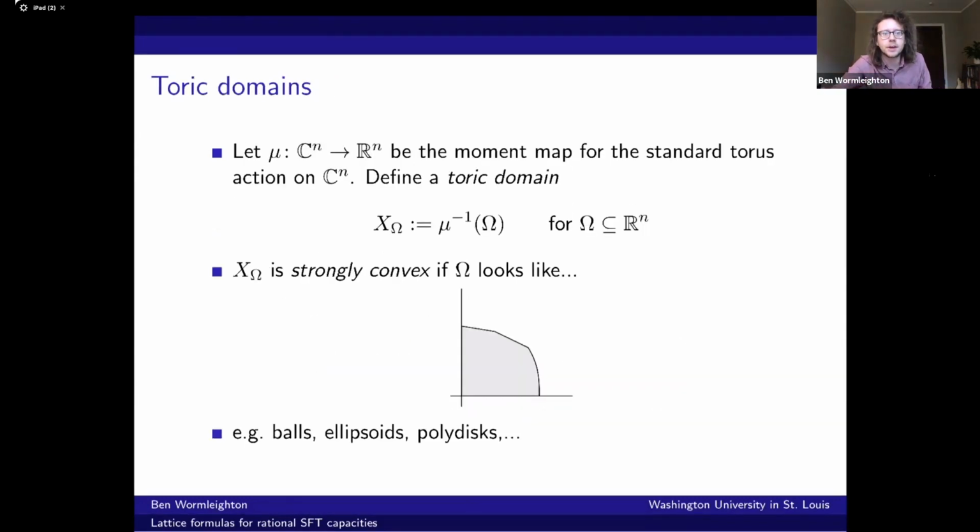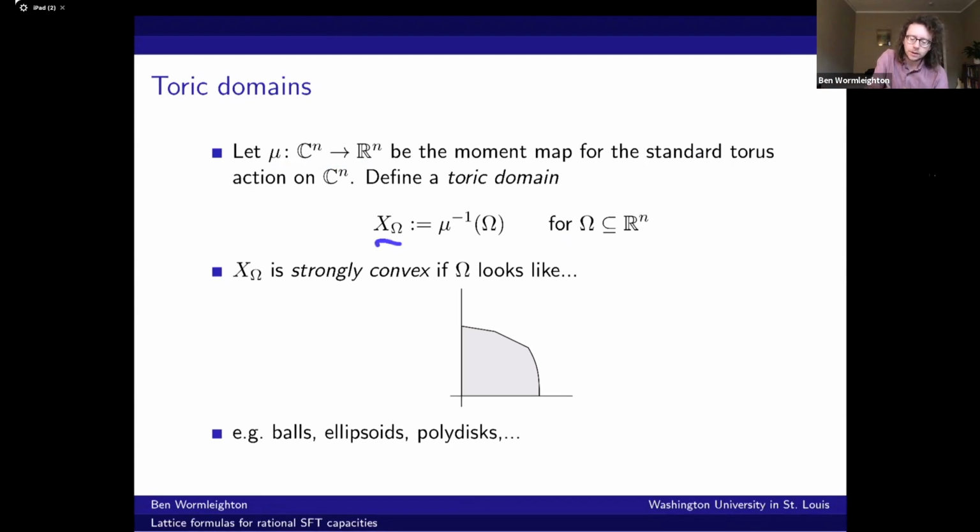Okay, so the last bit of setup I need are the sorts of spaces that we'll think about, and I'll be focusing on toric domains. So let mu from C^n to R^n be just the normal moment map for the torus action on C^n. Then a toric domain, X_Omega, is given by some subset Omega, maybe with some properties, I'll talk about that in a sec, inside R^n, inside the codomain of mu.